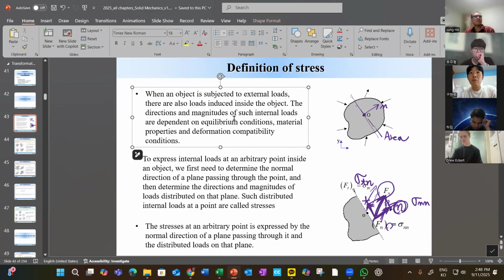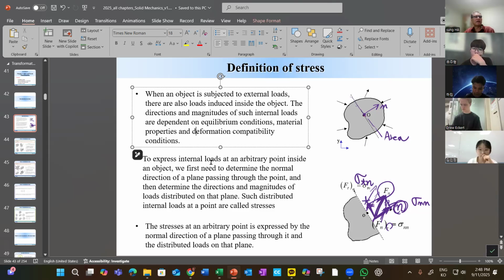The directions and magnitude of such internal load depend on equilibrium conditions, material property, and deformation and compatibility conditions. What it means is that the stress which will occur at a point O will depend on the material properties and all kinds of physics. We don't worry about how these stresses are distributed. We just like to define that.